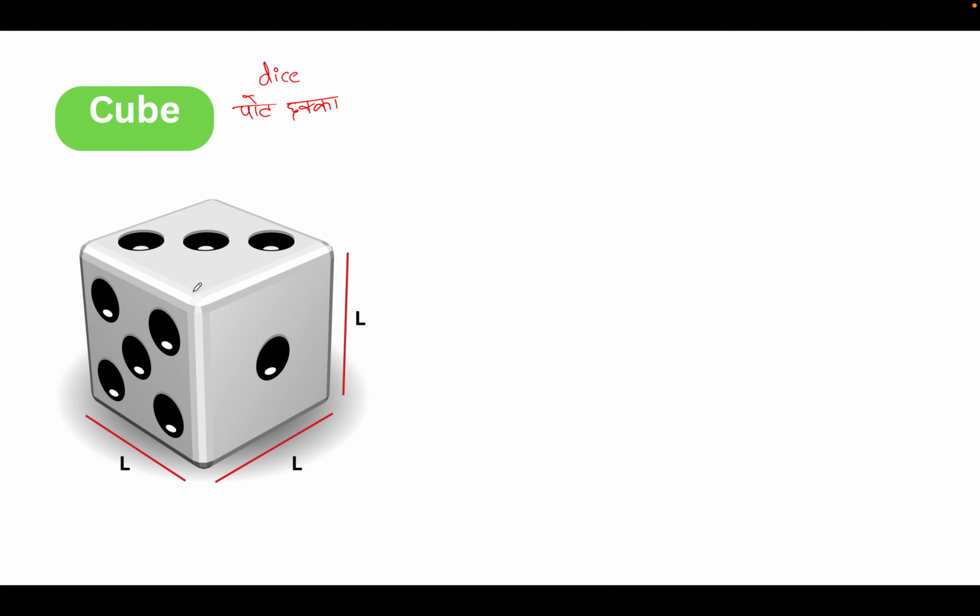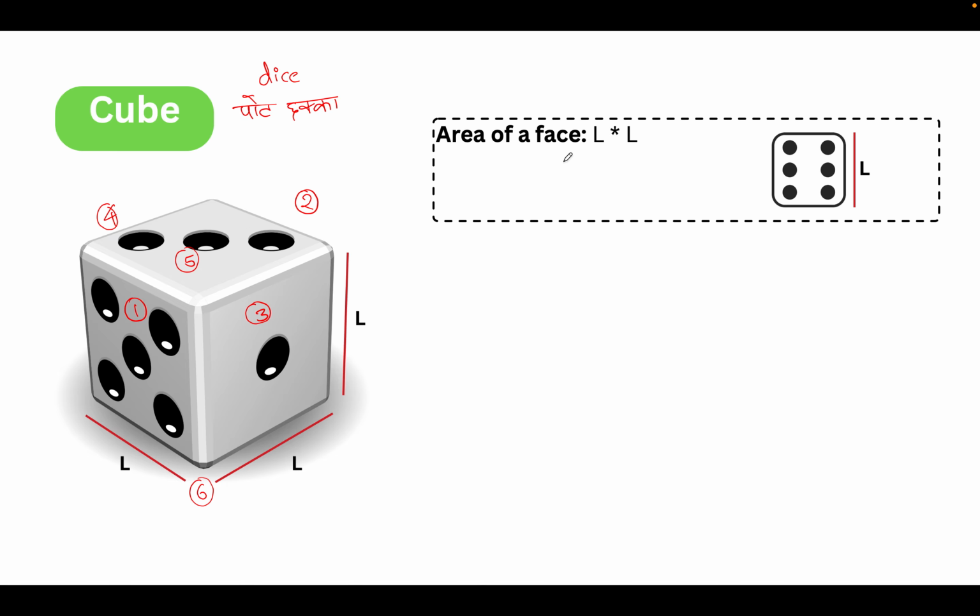Here the dice has 6 faces. One is this, second is opposite of that, third is this, fourth is opposite of that, fifth is this, and sixth is opposite of that, that is below. So cube has 6 faces, and to find the area of each face we use the formula L square.